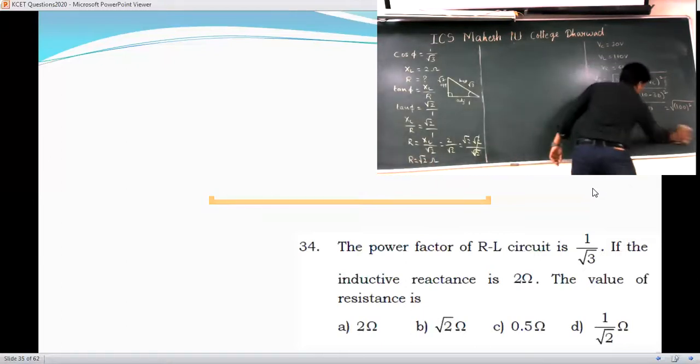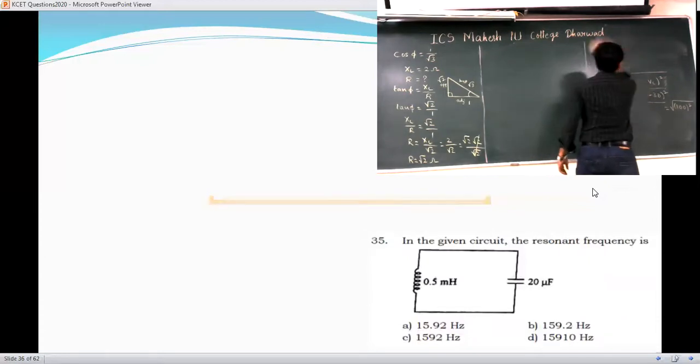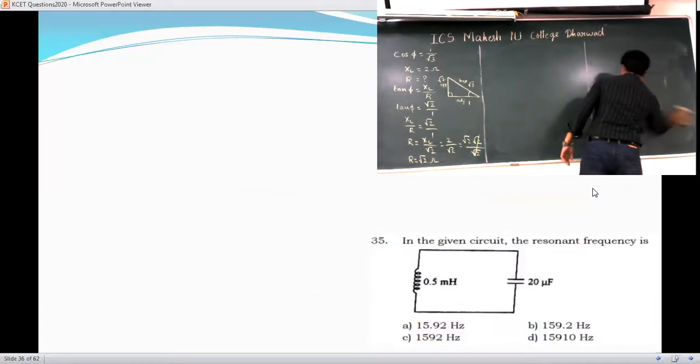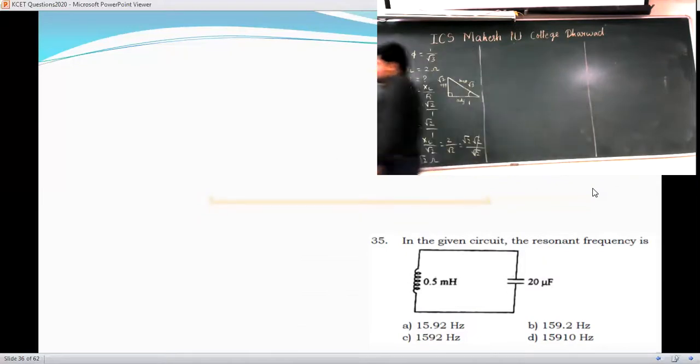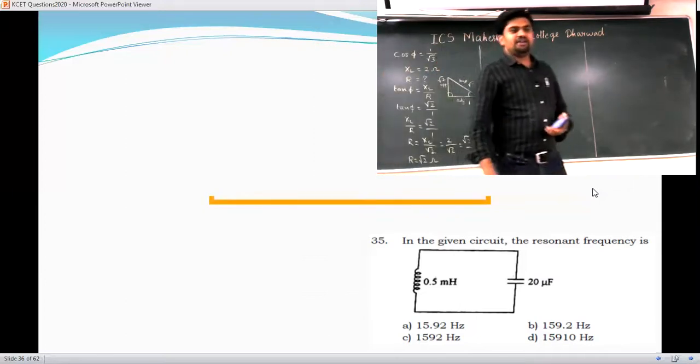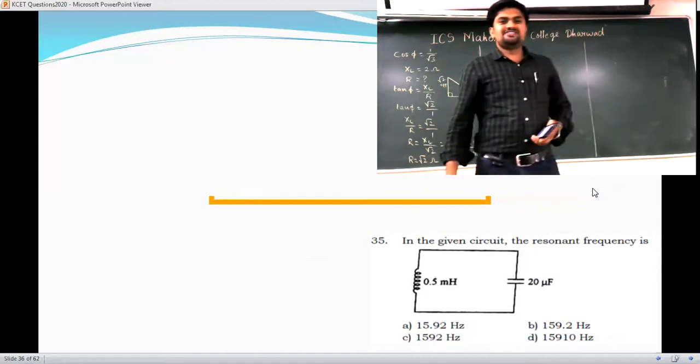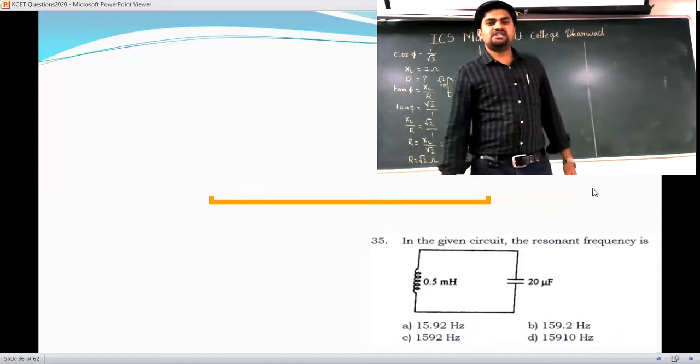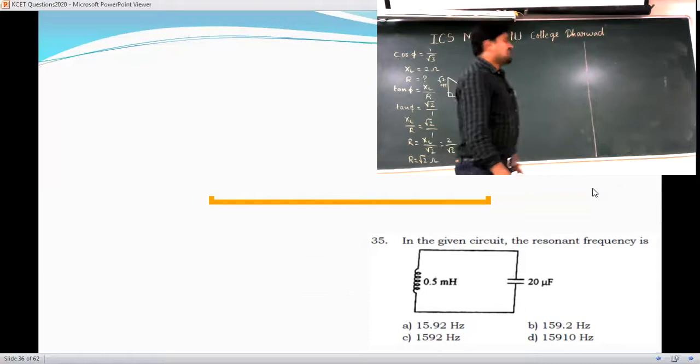Yes, we'll go to the next one. See the next question. Yes, this is a pretty simple one. In the given circuit, the resonant frequency is, okay, they have given one circuit.